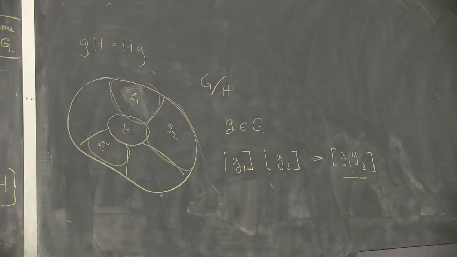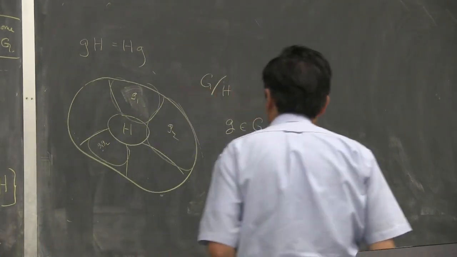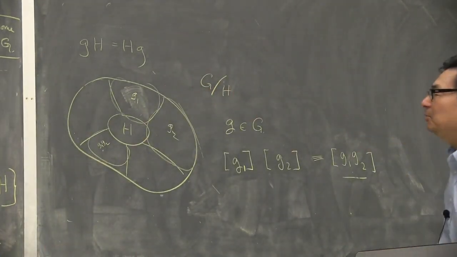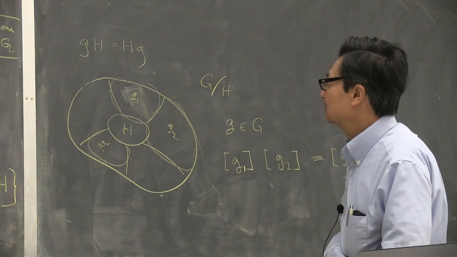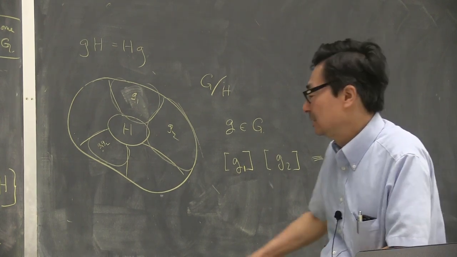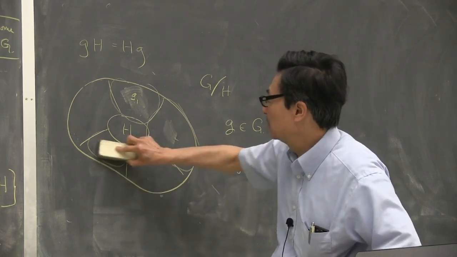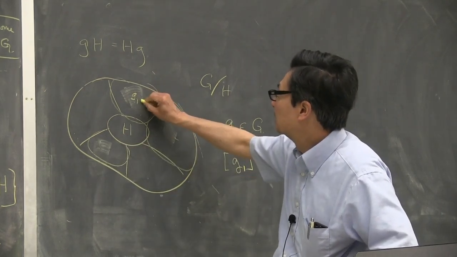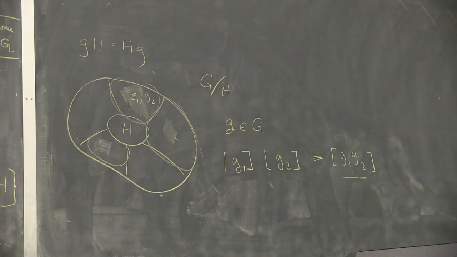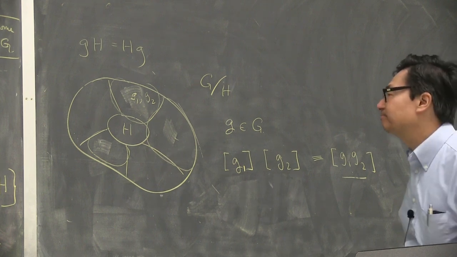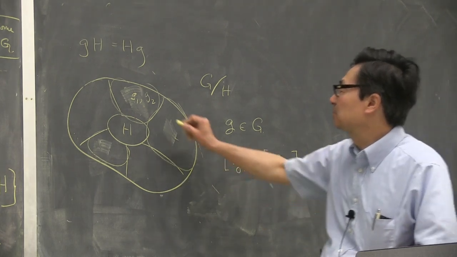All right? Now, if g1 and g2 sit inside the same coset, then that's quite obvious, right? If g1 and g2 sit inside the same coset, what happens? Well, actually, still you have to be careful.